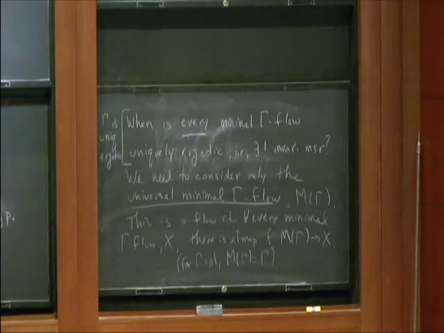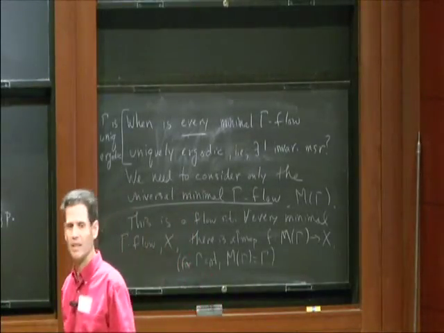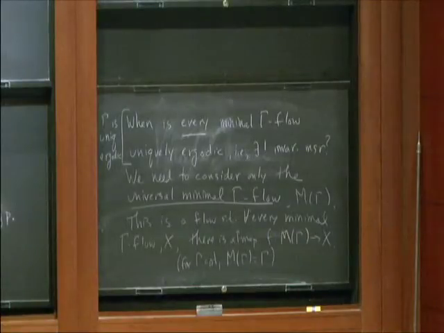Now, M of gamma, when gamma is compact, is a perfectly nice space. But if gamma is infinite and discrete, for example, it's a very nasty space, not metrizable.